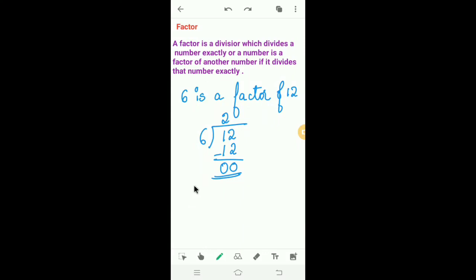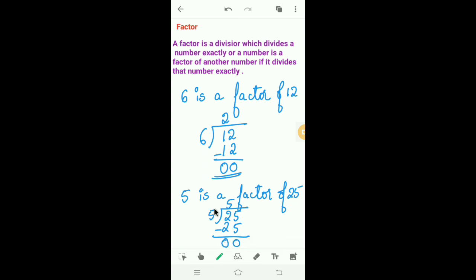I will take one more example. 5 is a factor of 25 because 5 divides 25 exactly. 5 5s are 25. 5 minus 5 is 0, 2 minus 2 is 0.